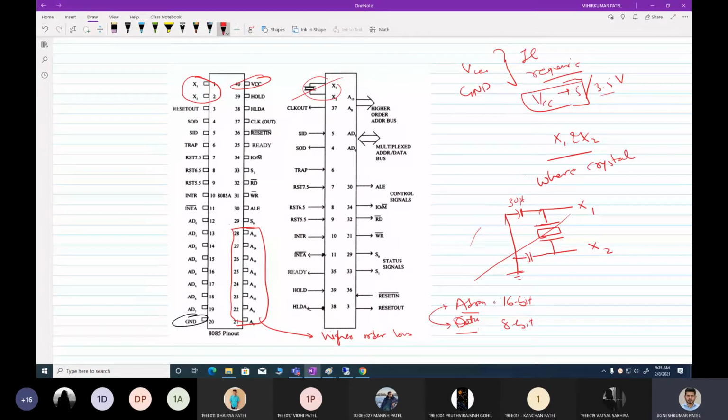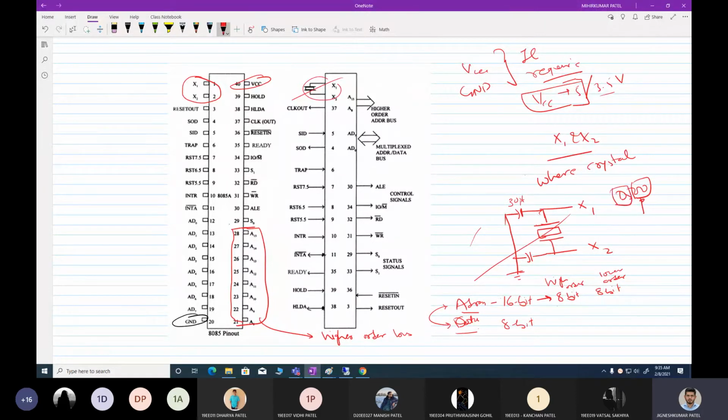How is it combined? From the 16-bit address bus, they have separated two parts of 8-bit. One is known as the higher order address, the other is known as the lower order address. For example, if my address is D500, the last two digits are my lower order and the first two are my higher order.